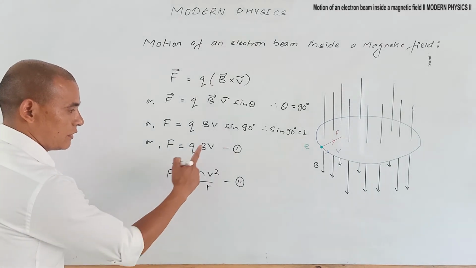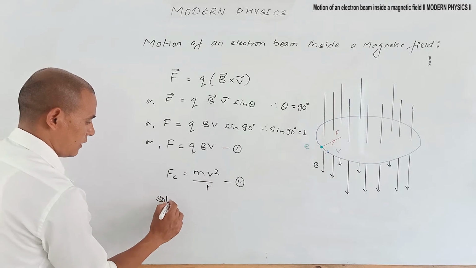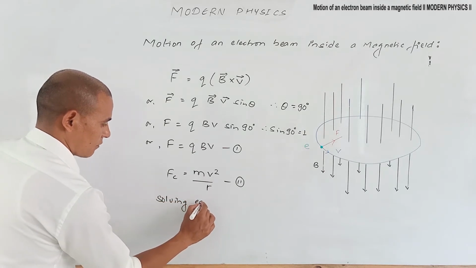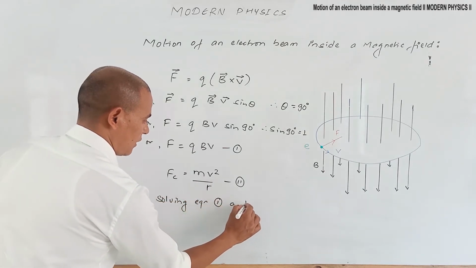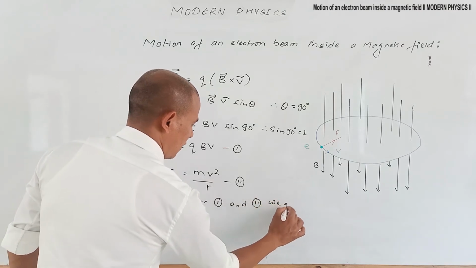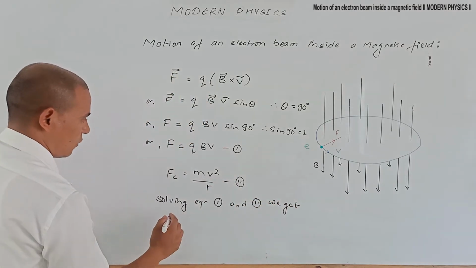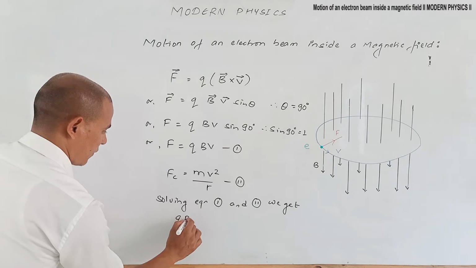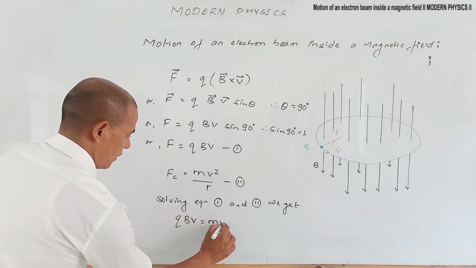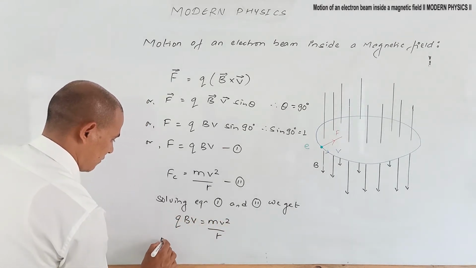Now, if I solve these two equations, equating equation 1 and 2, we get q B v equals m v square by r.